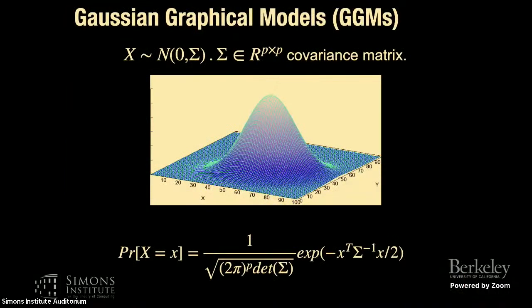So what are GGMs, or Gaussian graphical models? If you're me, they're just a fancy word for multivariate Gaussian distribution. Everyone knows what a multivariate Gaussian distribution is. And usually when we think of a Gaussian distribution, we parameterize it by the covariance matrix, right? So in this talk, I'll follow statisticians' notation.